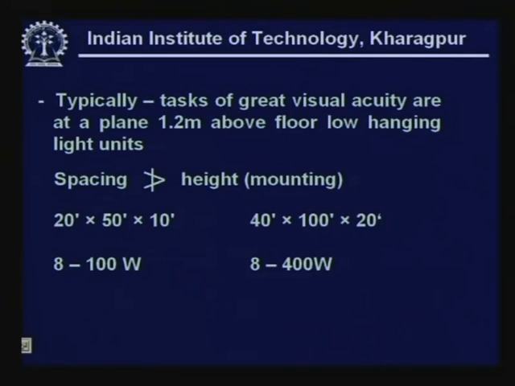Consider two rooms, one 20 feet by 50 feet by 10 feet, the other 40 feet by 100 feet by 20 feet. In fact, with the number of lamps remaining the same, located at the same center to center distance of 10 feet, the smaller room would need a 100-watt lamp, whereas the larger room would need a 400-watt lamp.